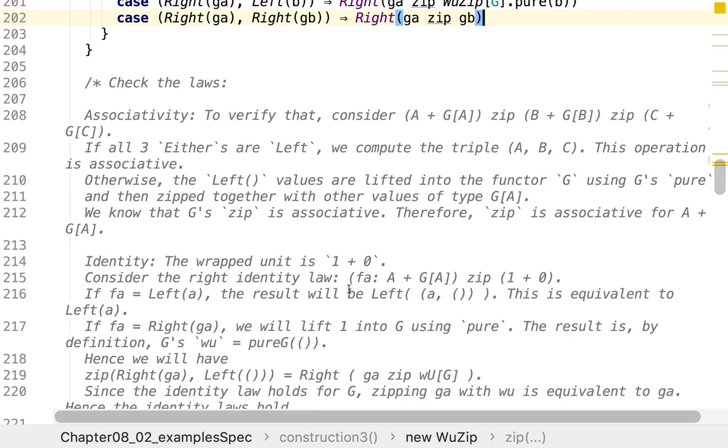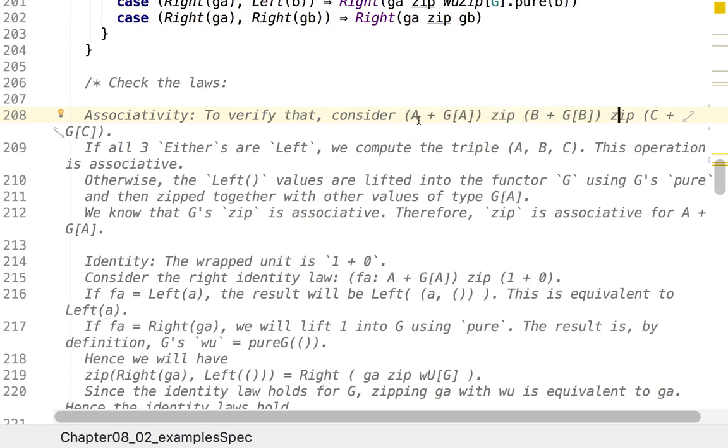Let's instead try to visualize how this operation zip works in this functor. And the way to verify associativity easier is to consider a zip of 3 values like this, with different parentheses, first in this way and then in that way.